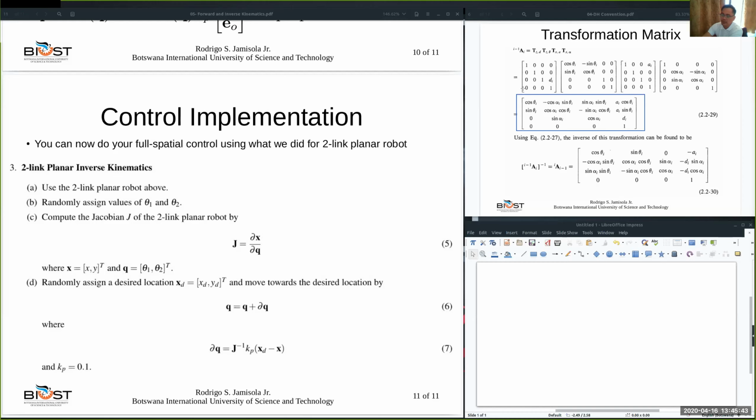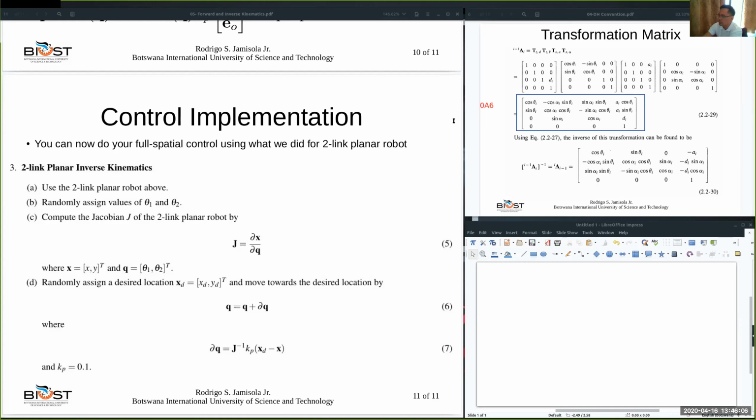Once you know the DH parameters for all joints, you can compute your transformation matrices for two adjacent joints. Now you can compute 0 to A6 for the forward kinematics, and then you compute your Jacobian matrix.